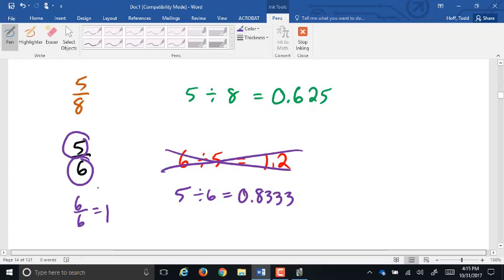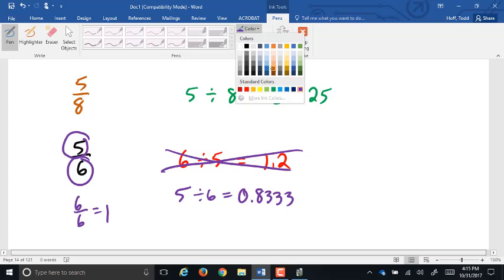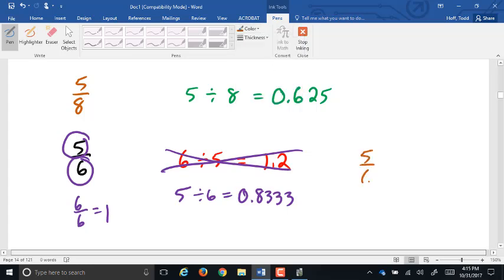No matter what form a number is in, its value doesn't change. Remember when we did fractions, we talked about you could have 5/6, you could change it to 15/18. I changed its appearance, but I have not changed the value. What I did there was I multiplied both the numerator and denominator by 3.